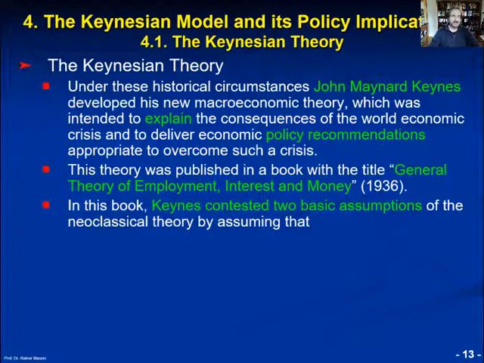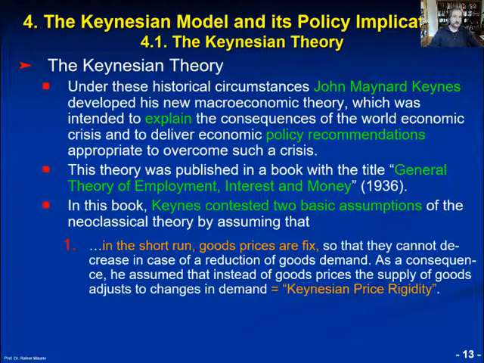In this book, Keynes contested two basic assumptions of the neoclassical theory by assuming that, first, in the short run, prices for goods and services are fixed, so that they cannot decrease in case of a reduction of goods demand. As a consequence, he assumed that instead of goods prices, the supply of goods adjusts to changes in demand. This is what we call today Keynesian price rigidity.